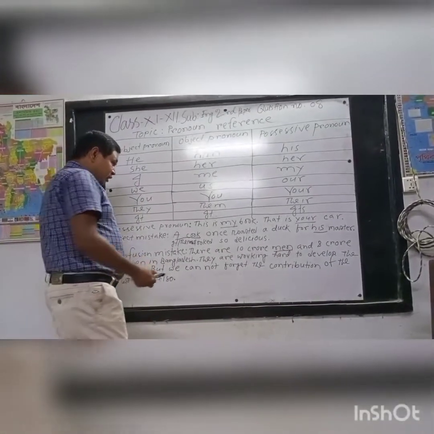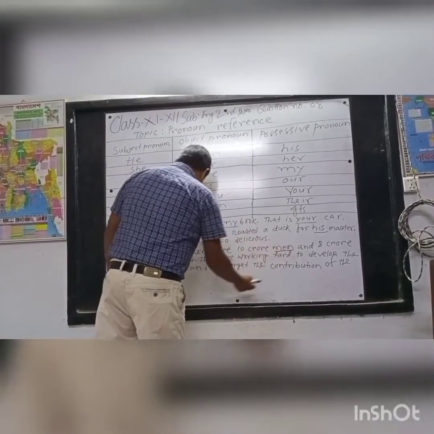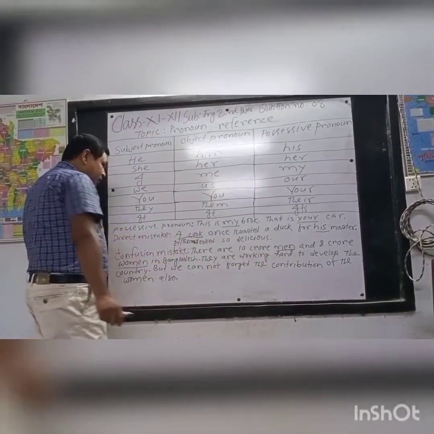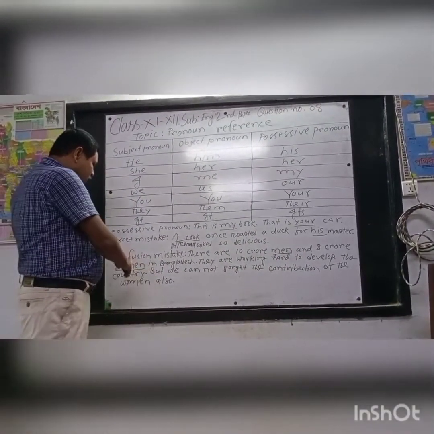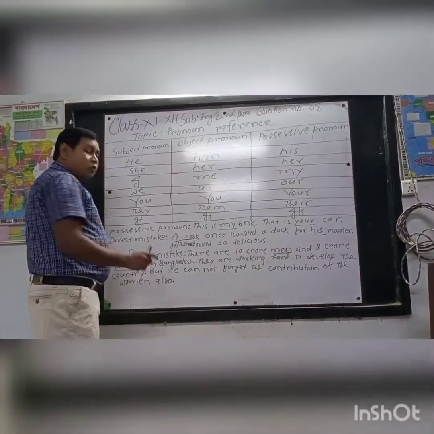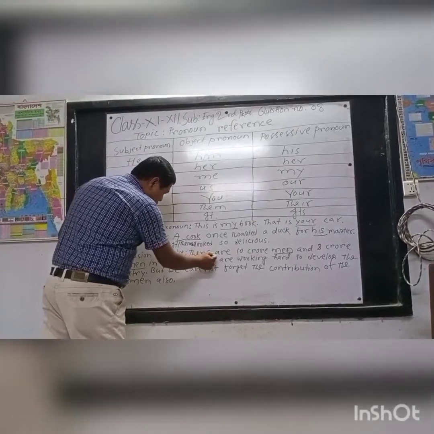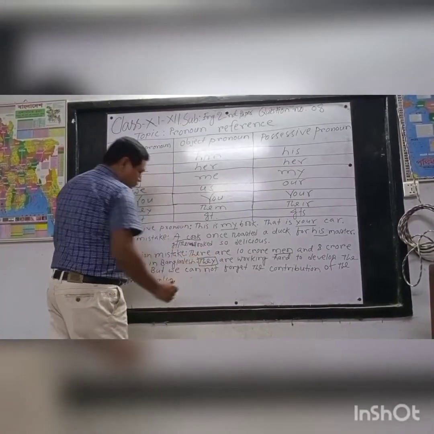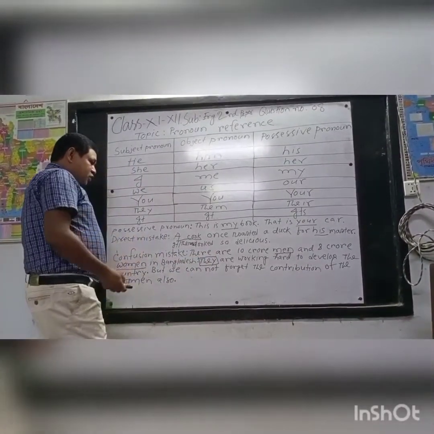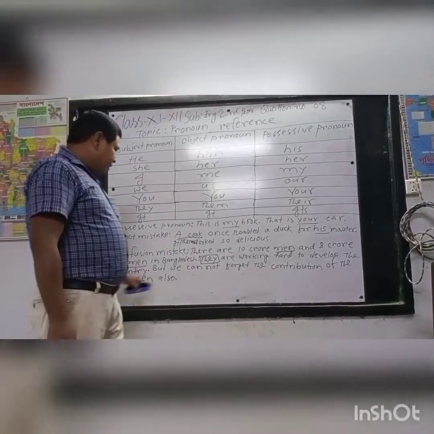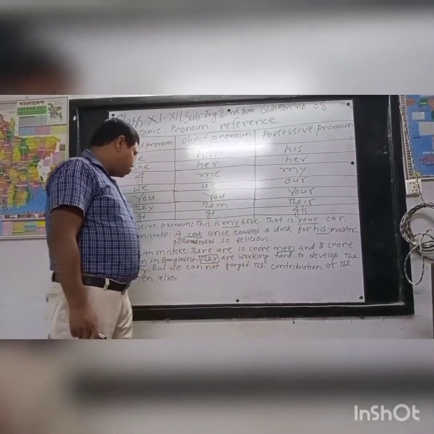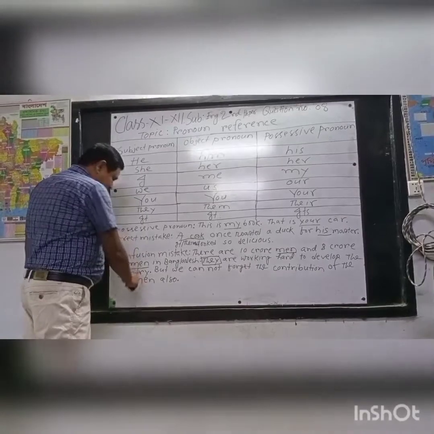So we have already detected two nouns, one is men and the other one is women. These two nouns are used for one pronoun, which makes us confused. For one pronoun, they. They are working hard to develop the country.